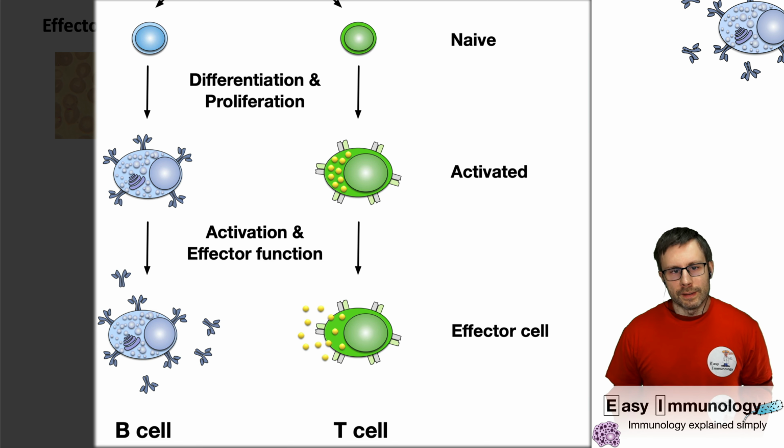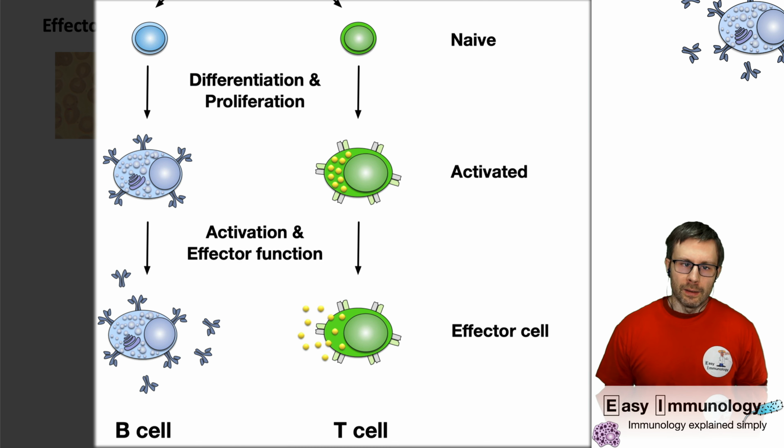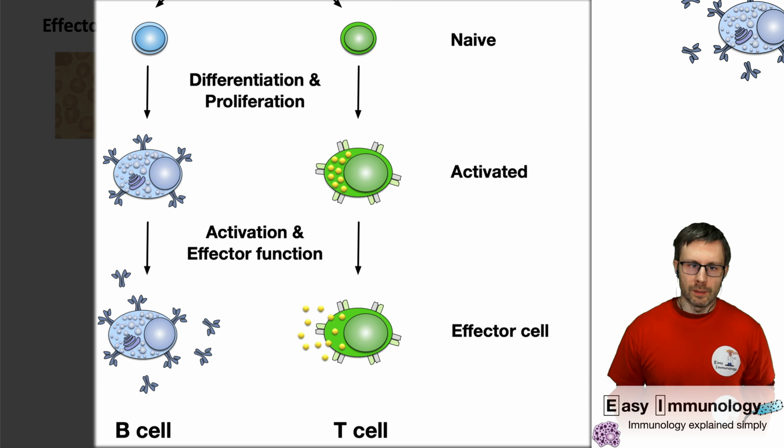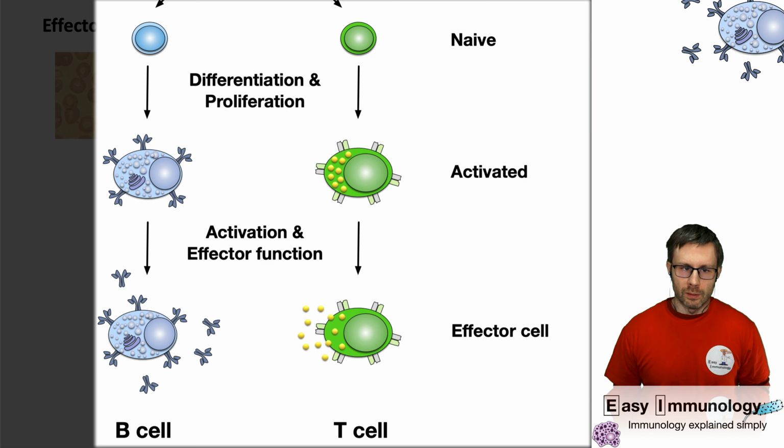Once T and B cells get activated, they differentiate, so they change. You can see they look very different. They are much bigger, and they proliferate. They form a lot of identical daughter cells because these cells are needed during the infection to fight the respective pathogen. These are the activated T and B cells, and there you can already clearly see differences with a good microscope between a T and a B cell.